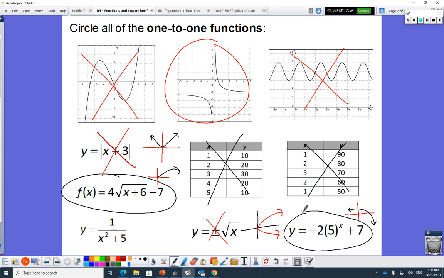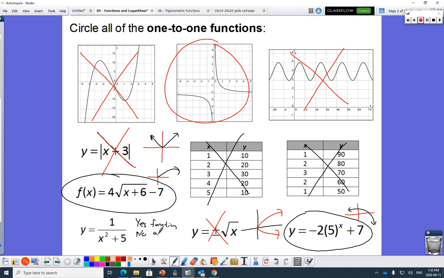If I put a y value in there, is it possible to get two different x values? What is it about this situation that tells me I could get two x values? Yeah, the squared, right? So this is not 1-to-1. Yes, function.